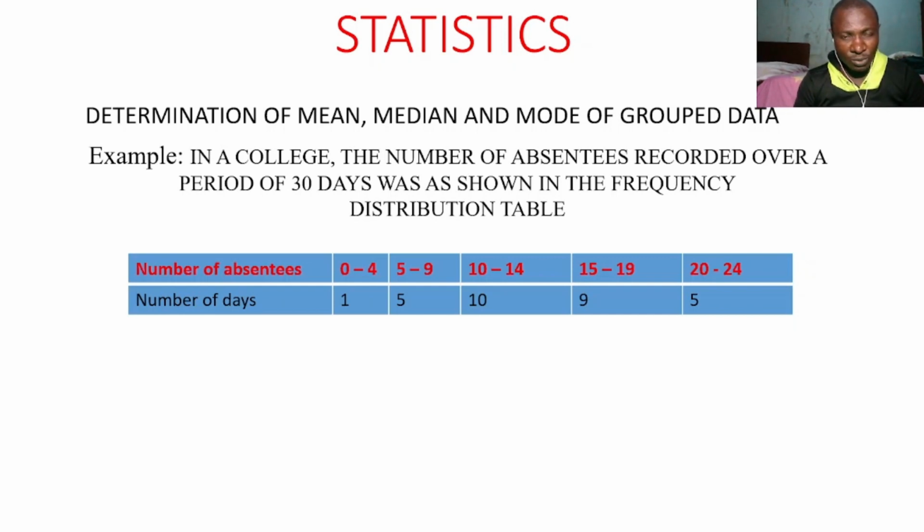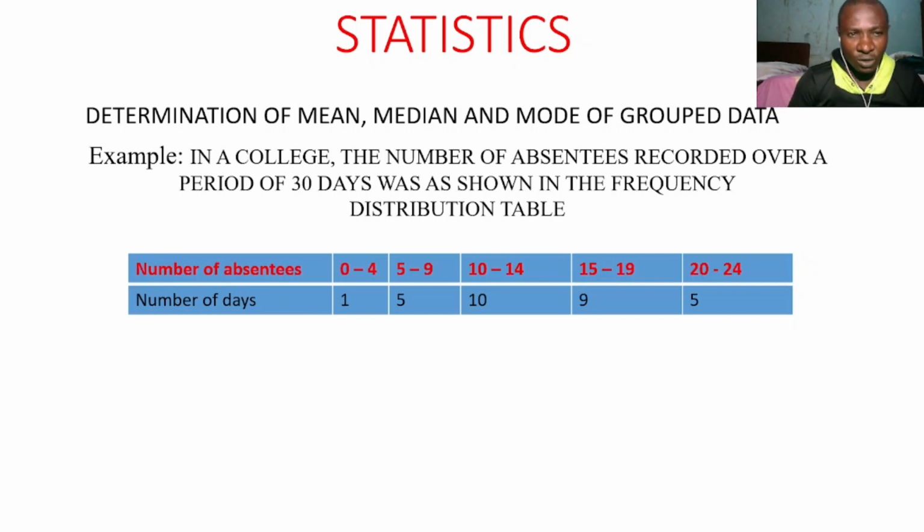It was grouped into classes with a class width of 5. In this case, we started from 0 to 4, meaning the class spans 5 values because 0 is included in the class interval. So we have 0 to 4, 5 to 9, 10 to 14, 15 to 19, and 20 to 24.